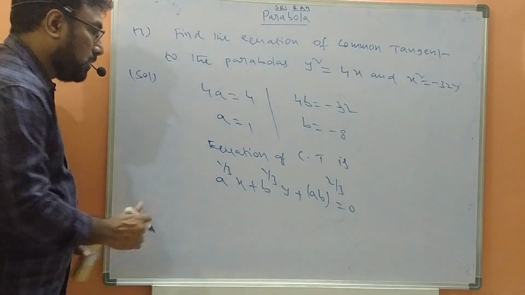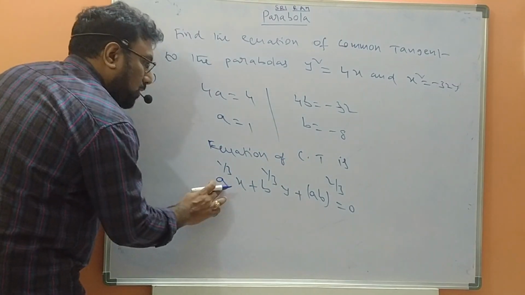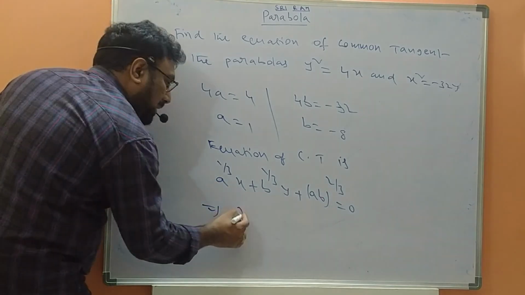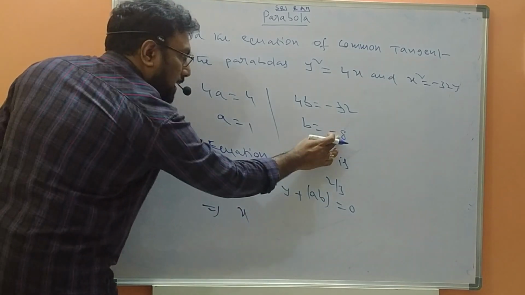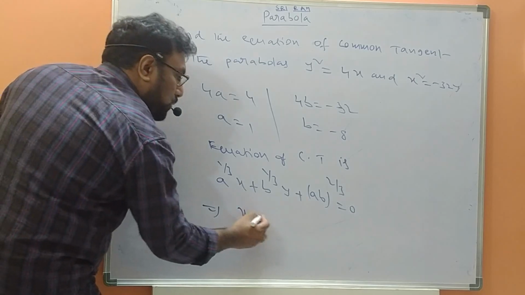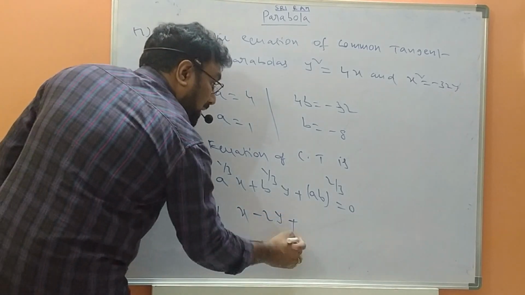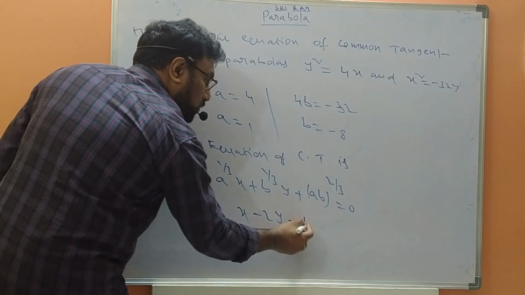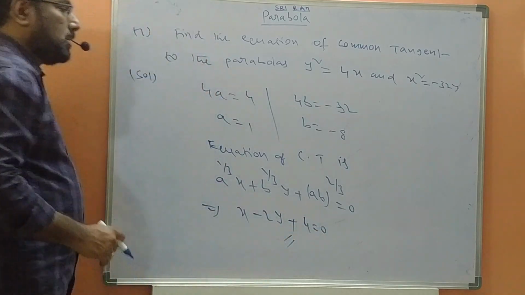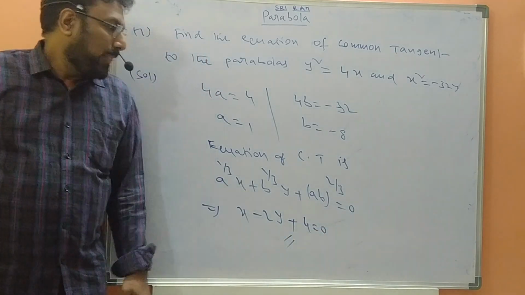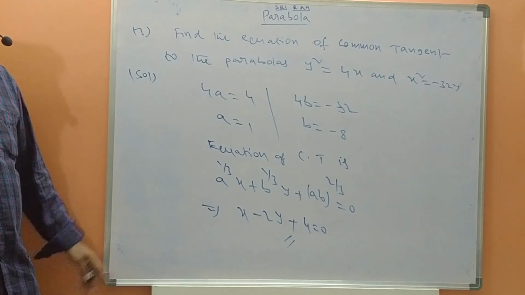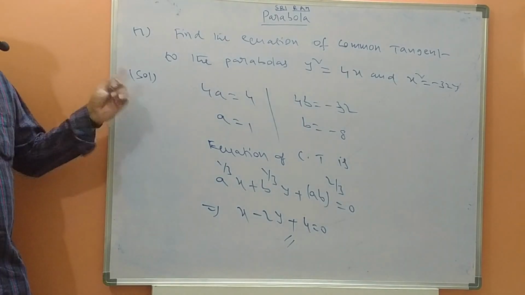Directly you are getting the tangent equation. So a power 1 by 3 is 1 only, x; b power 1 by 3 means minus 8 power 1 by 3 is minus 2, plus ab whole to the power of 2 by 3 is 4. So x minus 2y plus 4 equal to 0. Okay, within 10 to 15 seconds you can do it, if you know the formula. Otherwise you have to prove.